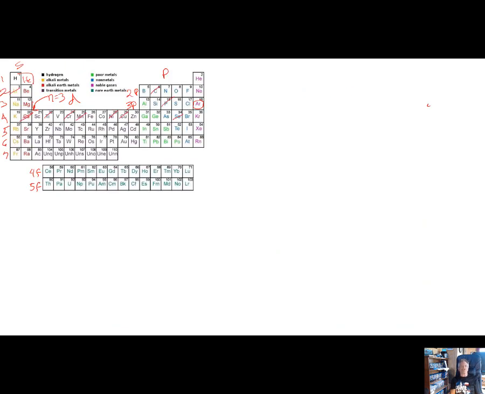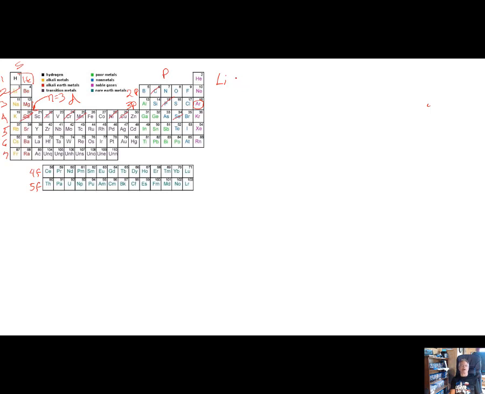So now we're going to practice writing electron configurations for several different elements that I've highlighted. The first thing we'll do is lithium. Remember, we want to fill up the lowest energy orbitals first. That's actually called the Aufbau principle.